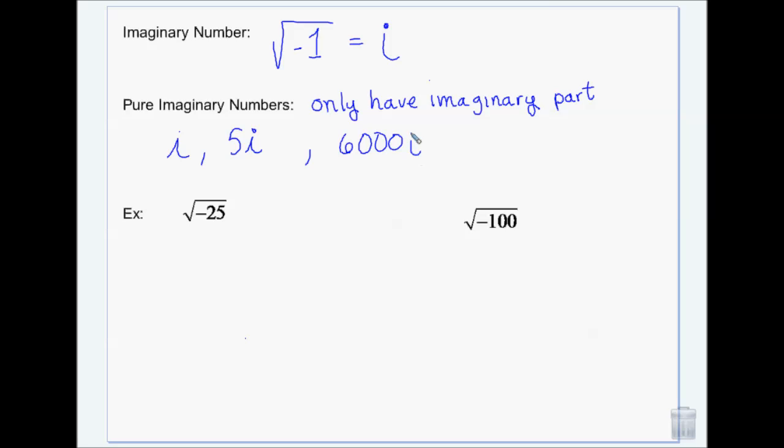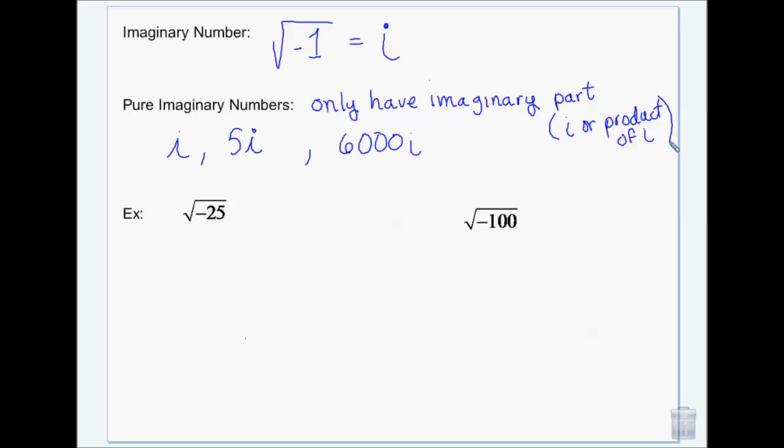But because you're multiplying it by an imaginary number, or by i, the whole thing is imaginary. So this is an i product. And pure imaginary numbers come when you take a square root of a straight negative.